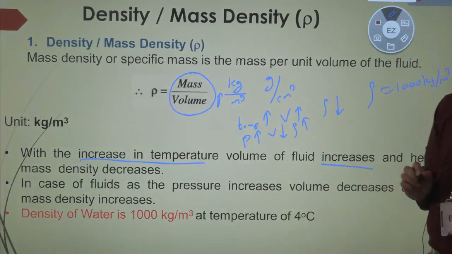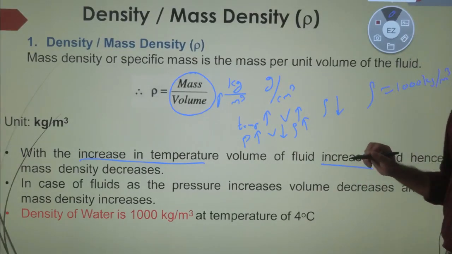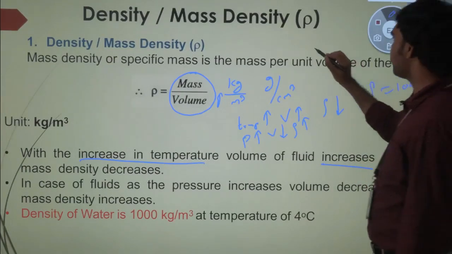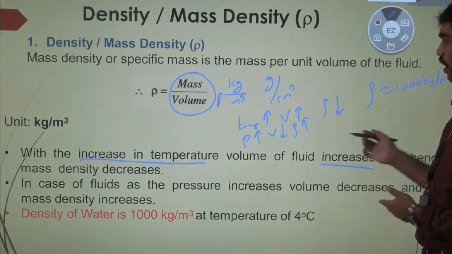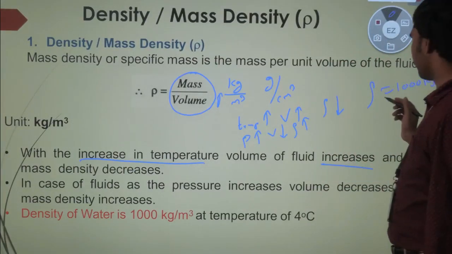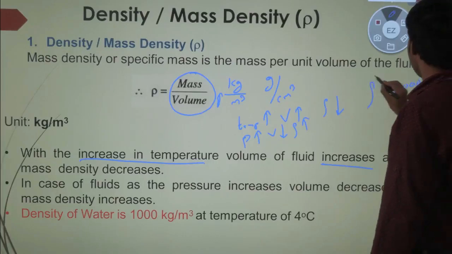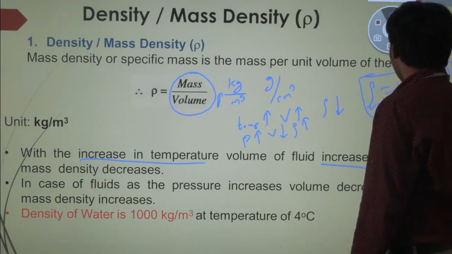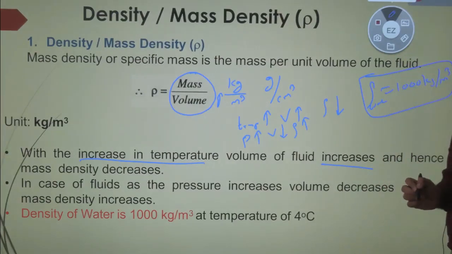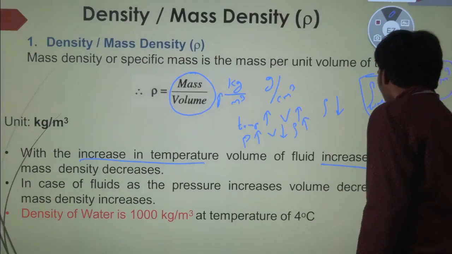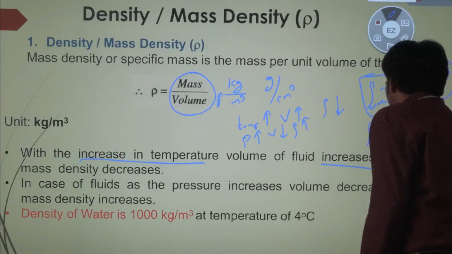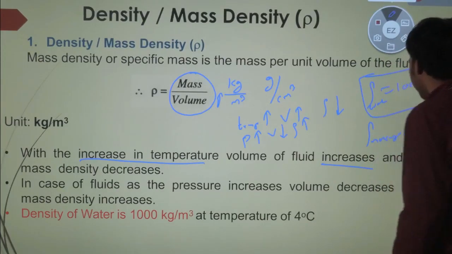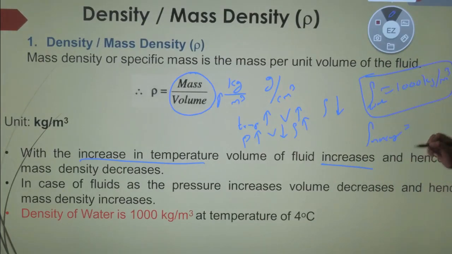In most fluid mechanics problems, they will not give the density of the fluid. They will just mention that water is flowing, or that the liquid being used is water. Then you have to assume this value: the density of water is 1000 kg per meter cube. You also have to know the density of mercury, which is used in pressure measurement problems.